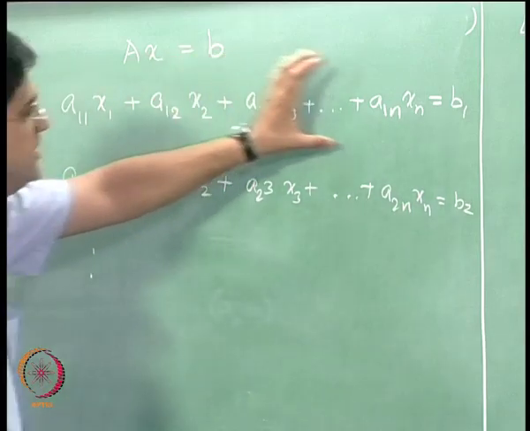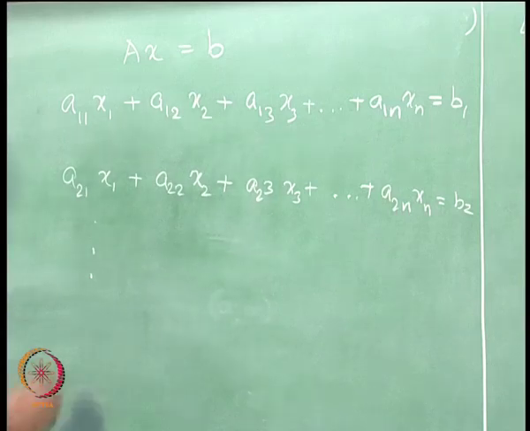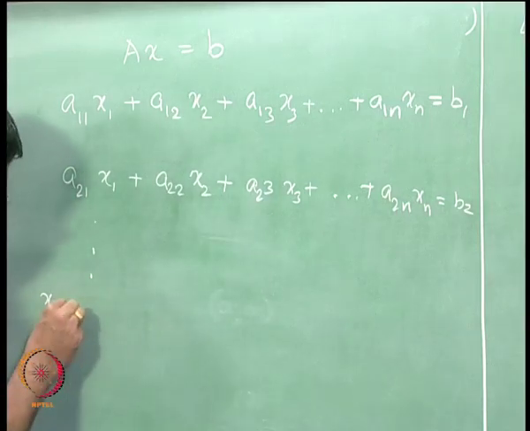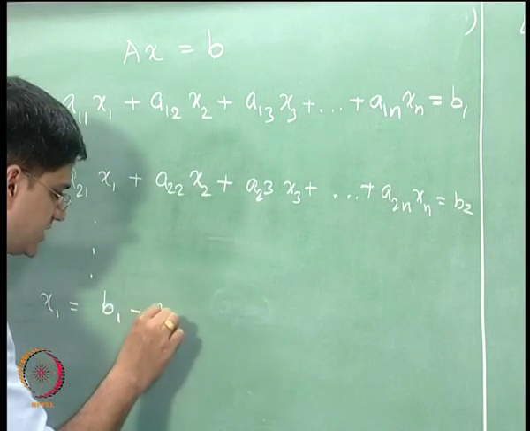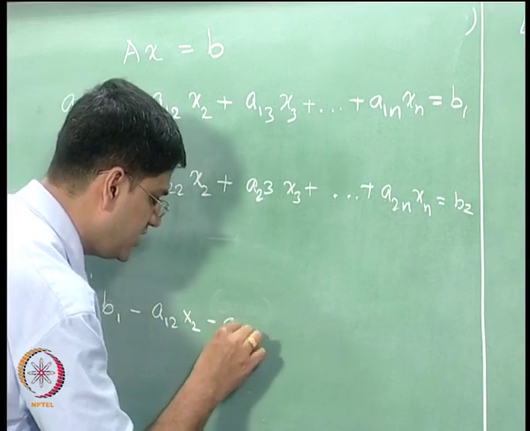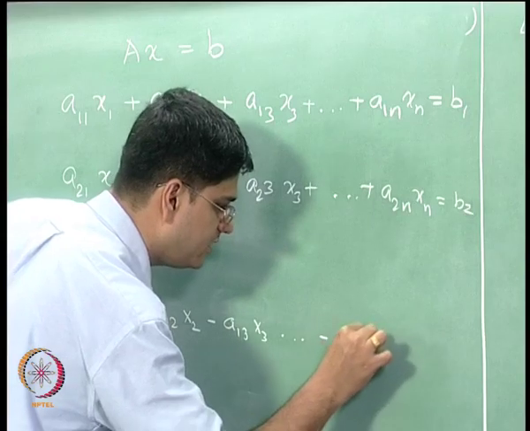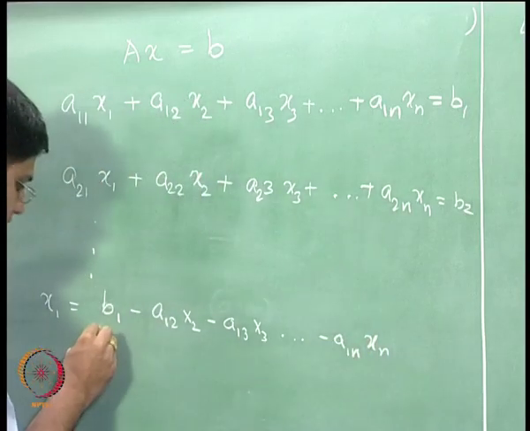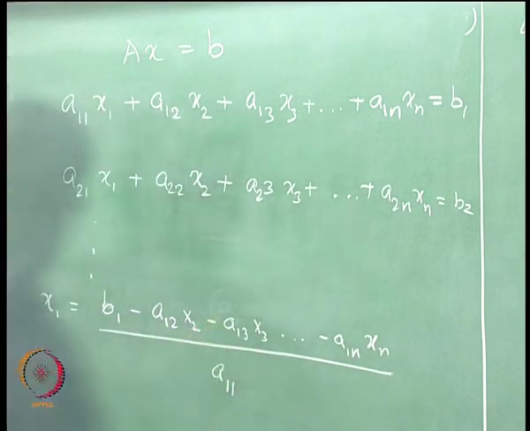So we will take all these terms on to the right hand side and divide throughout by a11. So what we get is x1 equal to b1 minus a12 x2 minus a13 x3 ... a1n xn divided by a11.